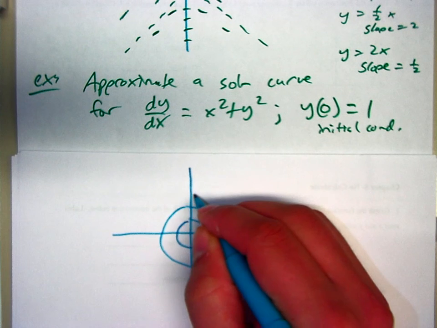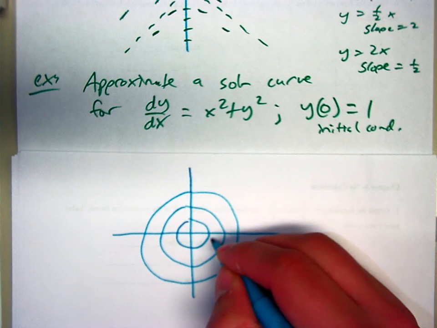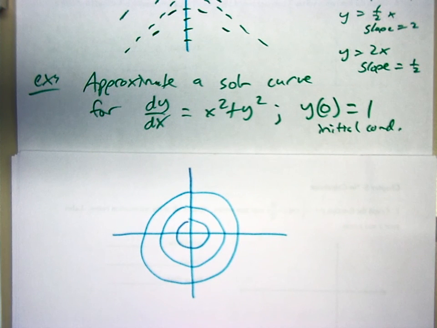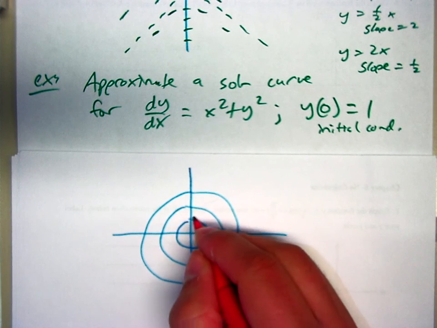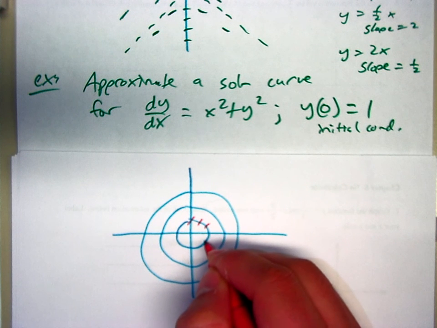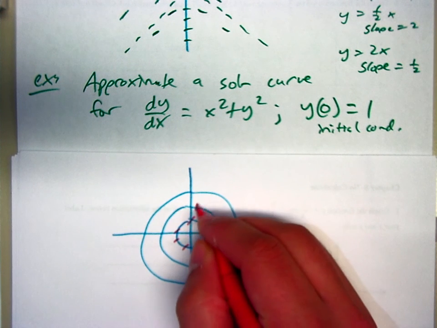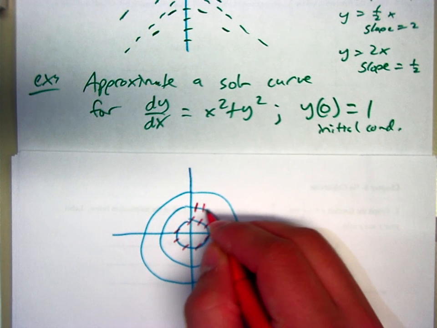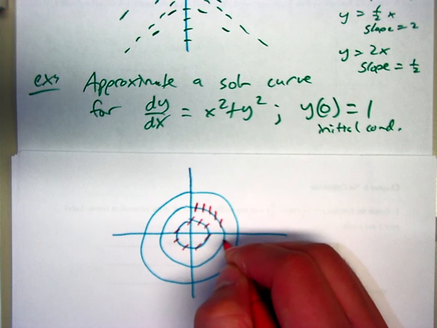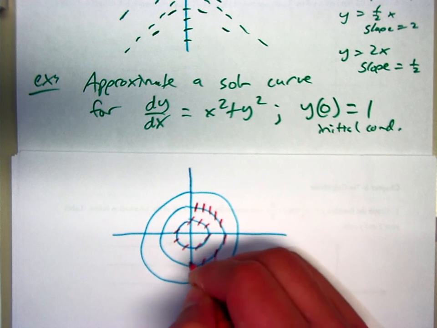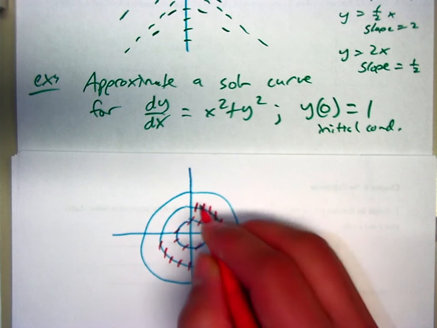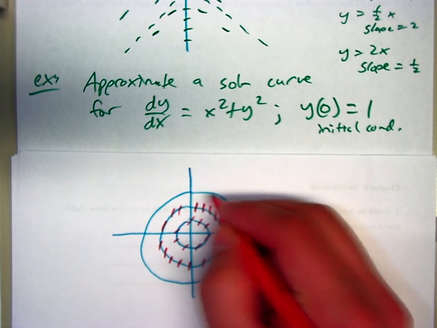Since we already drew these, here's where the slopes were 1. Here's where the slopes were 4. Not a very accurate direction field.